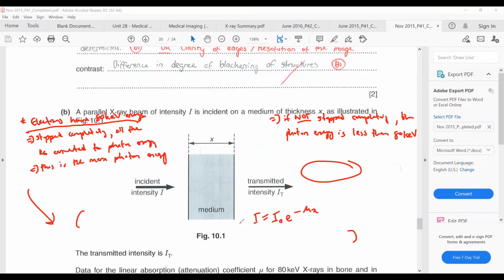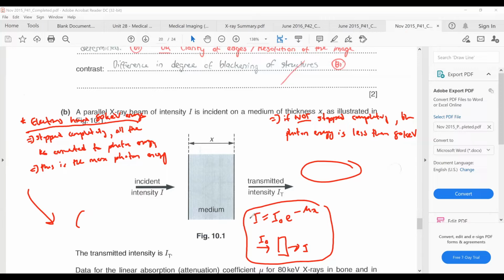The only thing you needed to change here was this. Just now when I did this for you, this one was I0, this one was I, right? Then after that, you get this equation here, right, where I0 is your incident intensity, and then your I is the intensity after passing through the medium. You can use that same thing here too for this one, just that the variables you need to change.